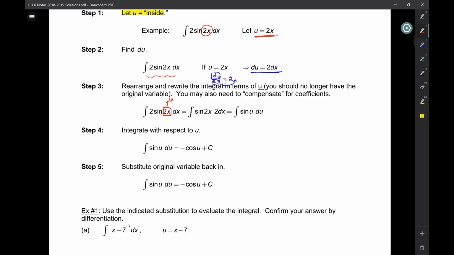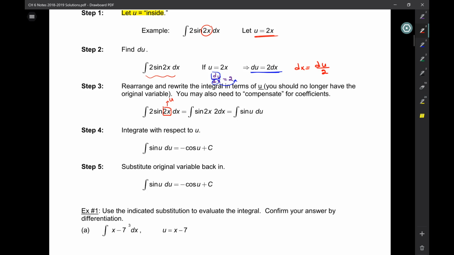And then how much is dx? Okay, so 2dx is du, right? So how much is dx? It's du over 2. Right. It's du over 2.